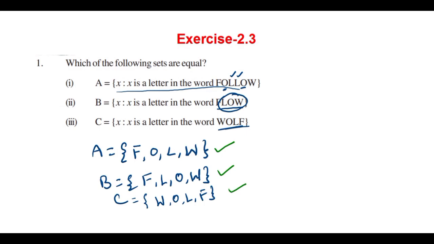F is there here, O is there here and here, L also is there here and here, and W also is there here and in this set. The number of elements is equal and the elements are also equal. So what do we write here? We can write A equals B equals C. So this is the answer to the first question.